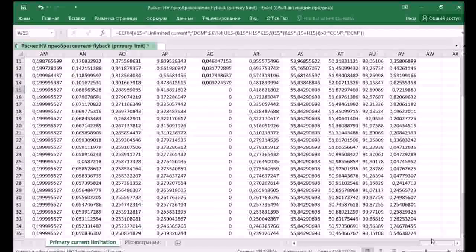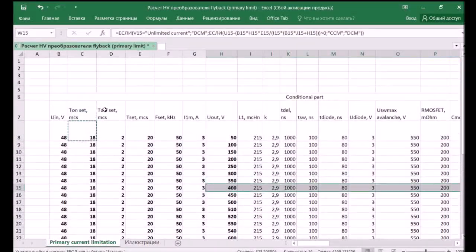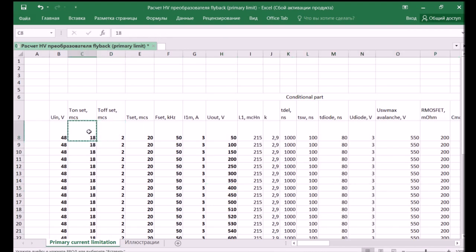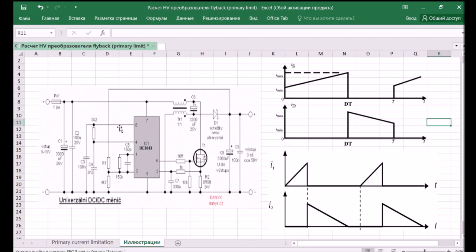So playing with parameters, we can obtain our maximum. It is 14 microseconds. It was the task in front of me when I started writing this calculator: to calculate the values of the time setting resistor and capacitor.